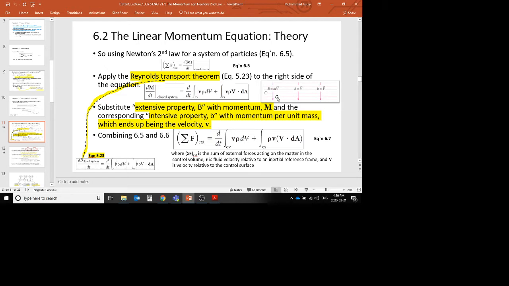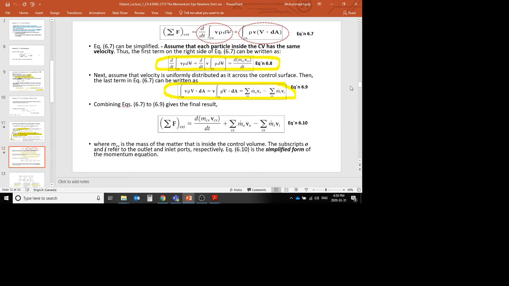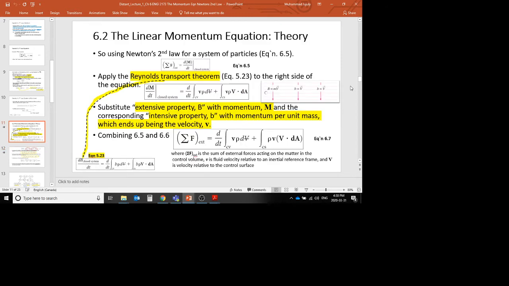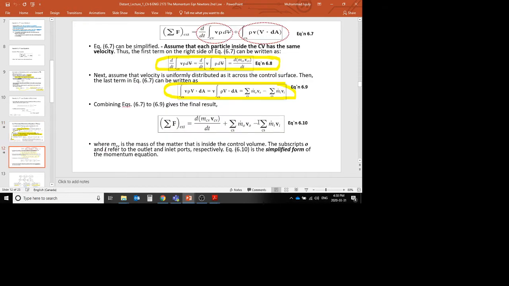But in this case, we replace it with velocity, and that's how we derived the momentum equation. The next chapter, the energy equation, we derive in the same manner. So if you know how to derive the continuity equation, it's a very similar pattern for the momentum equation and so on.